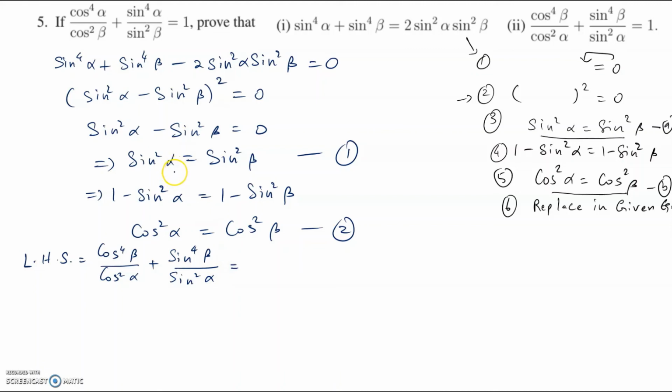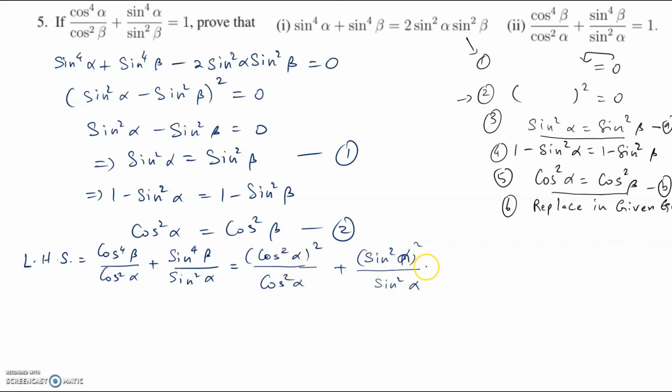Replacing sin squared alpha with sin squared beta and cos squared alpha with cos squared beta, we can say that the numerator here is (cos squared alpha) squared by cos squared alpha plus, similarly for the sin, (sin squared beta) the whole squared divided by sin squared alpha.